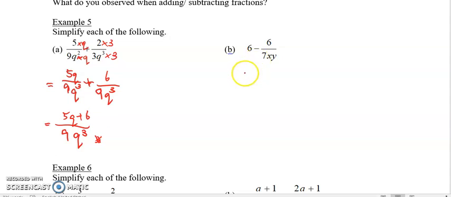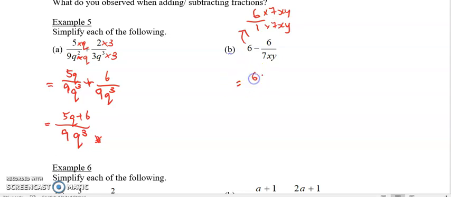And for B, we have a whole number here. A whole number's denominator is always 1. If I want to change this whole number 6 to have a denominator of 7xy, I multiply by 7xy in the numerator and 7xy in the denominator.